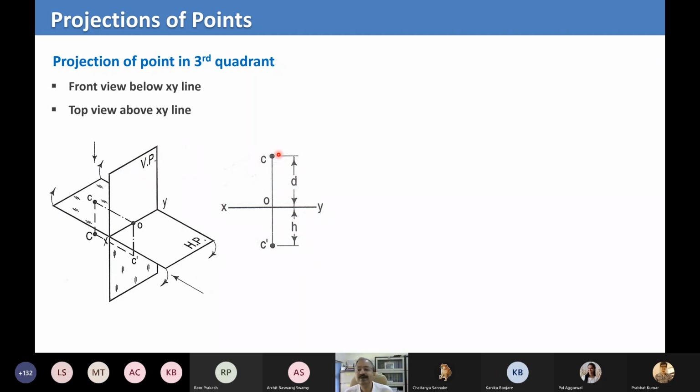I said conveniently because the top view on the top is somehow mentally easy to understand. It's just that India has adopted the first angle projection, so we have to live with the top view below the front view. As I said, I personally prefer the top view on the top. If in the examination there is no choice, and they say you draw any view, any quadrant or any angle projection you want, you may use your own preference.